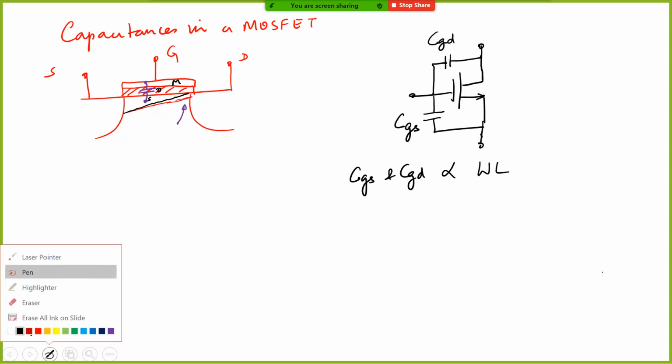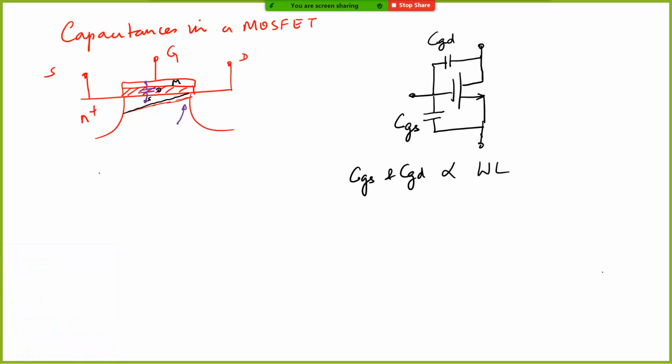Here, if you see, this is an N plus region with a P minus substrate. This is also an N plus region. We have already looked at it, that we have two diodes which are sitting like this. We have also discussed that these two diodes need to be in reverse bias. Let me call them D1 and D2.